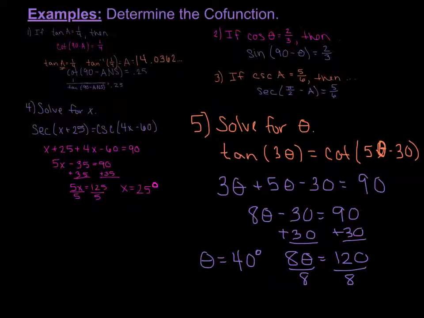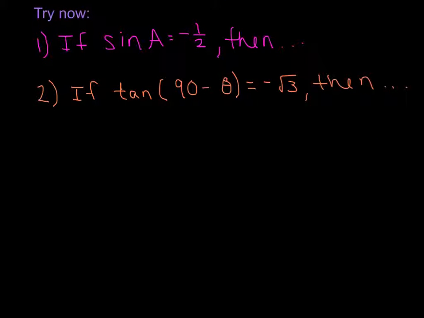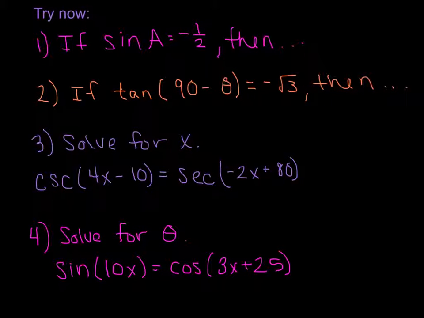Now I want you to try some on your own. Okay, so for the first two, if you're given the statement sine of A is equal to negative 1/2, then what's the cofunction of that? And then if you're given tangent of 90 minus theta is equal to negative radical 3, then what's the cofunction of that? And then the next two I want you to do is solve for x for the cosecant of 4x minus 10 is equal to the secant of negative 2x plus 80.